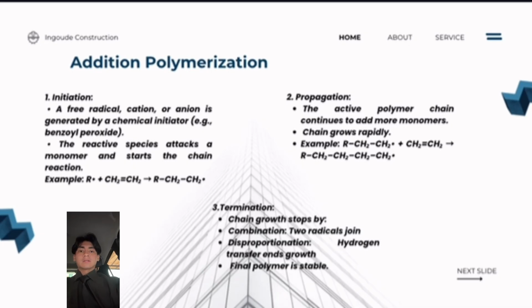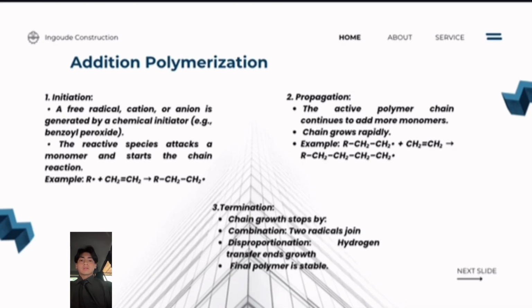In the initiation step, a free radical, cation, or anion is generated by a chemical initiator. The reactive species attacks a monomer and starts the chain reaction.